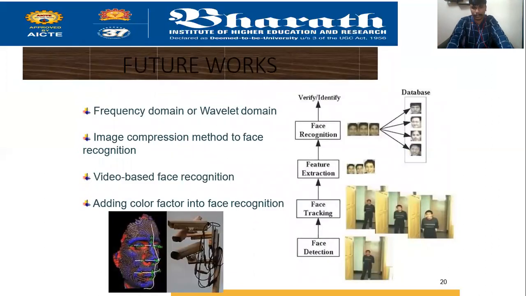Future work will be on frequency domain image compression methods. A large amount of data can be compressed without any data loss. Video-based face recognition: from a video we can identify the personal information of that user.